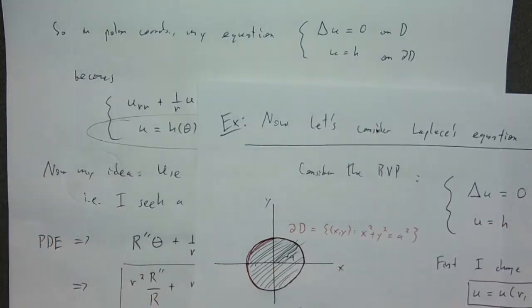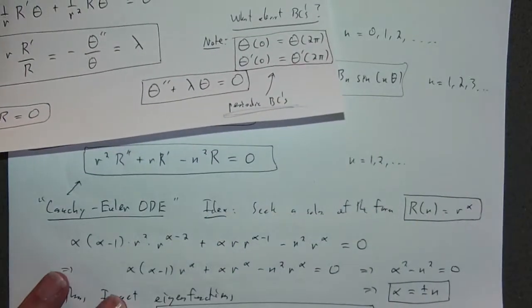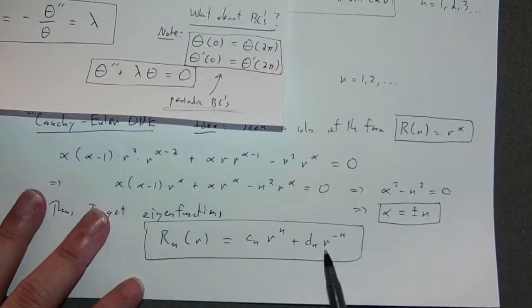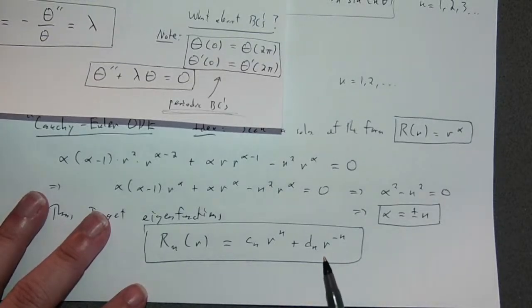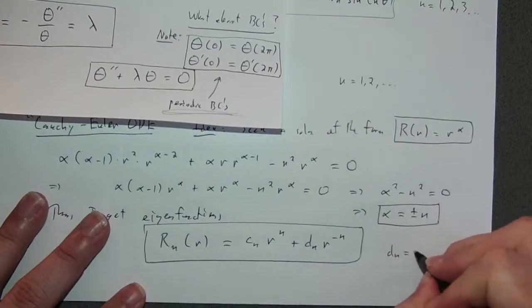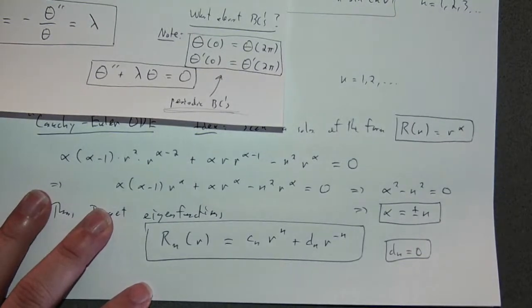We want it to be defined and continuous at 0. And so if we want it to be defined and continuous at 0, then I have to get rid of terms like this, which would cause problems because at the origin r is equal to 0. So I want those to go away. I want to set d sub n equal to 0 here.